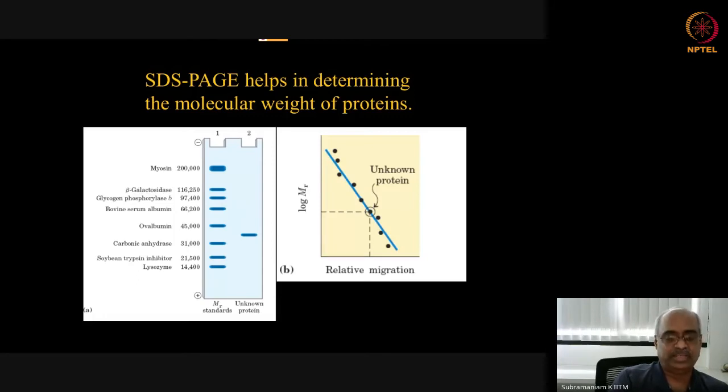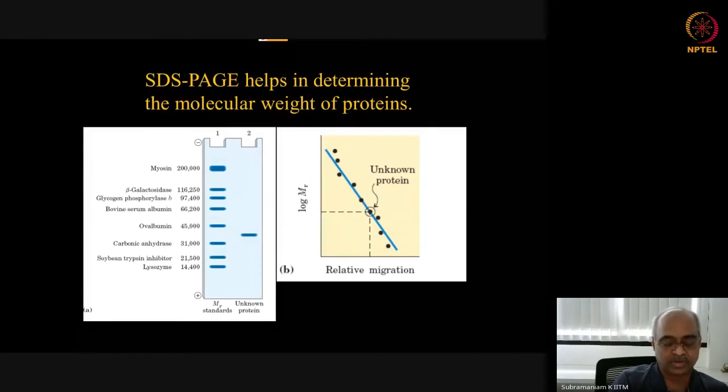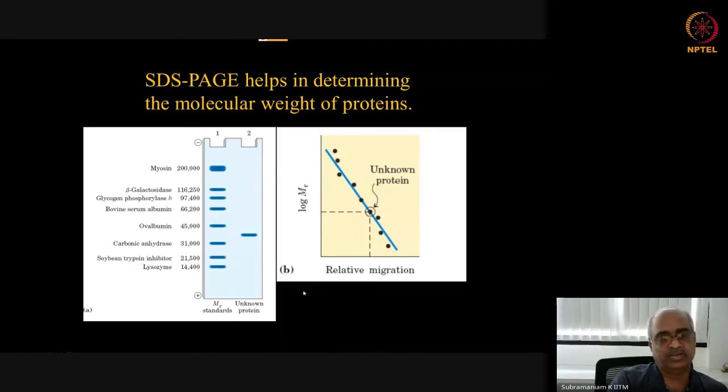There are sophisticated methods like ultracentrifugation where factors like size and shape do not influence, and you accurately determine the molecular weight. But for most practical purposes, SDS-PAGE is the easiest and most practical way of determining molecular weight. And usually it's very accurate.